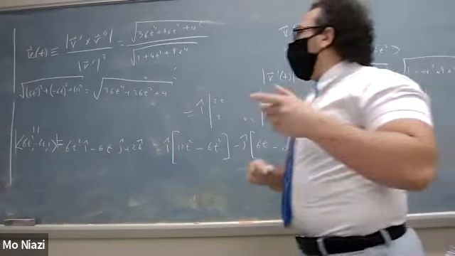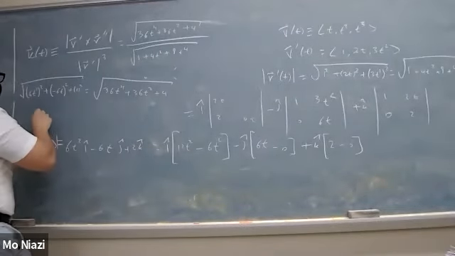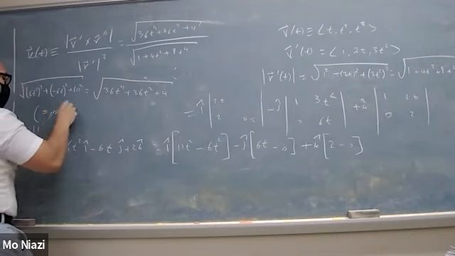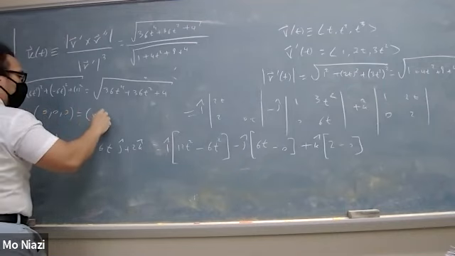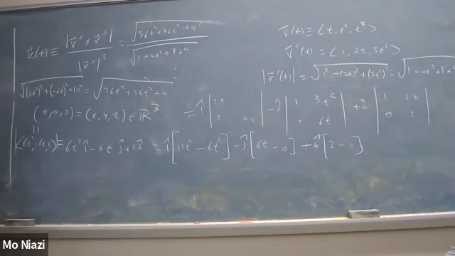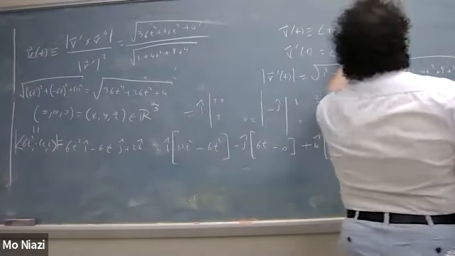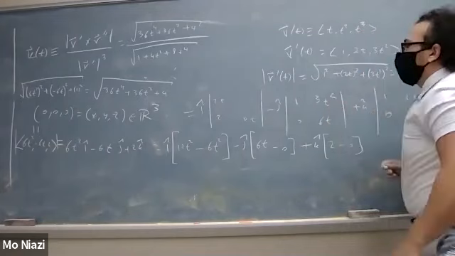But recall, I erased it. The problem says evaluate it at the point 0, 0, 0. That's my x, y, z, an element of R3. Notice that in the parameterization, x is equal to t, y is equal to t squared, and z is equal to t cubed.